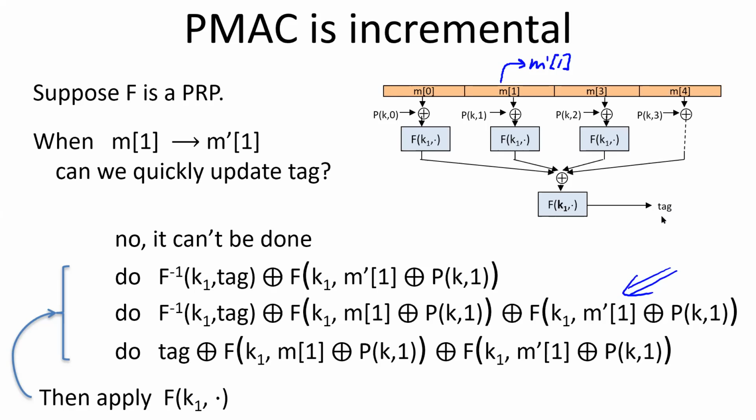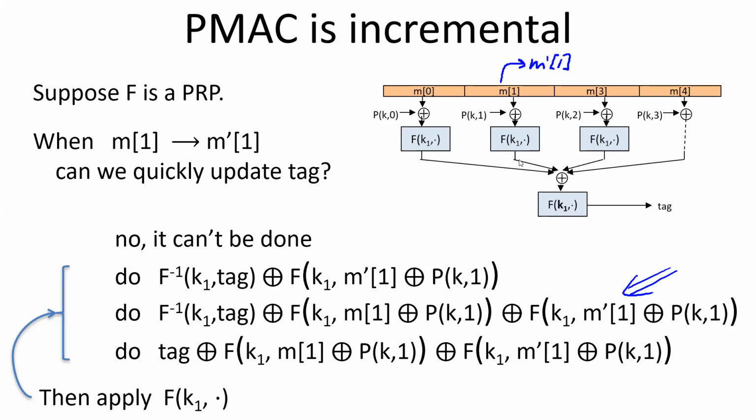Because if you had this wire, then you have the keys K1. So you compute F_k prime inverse to get this wire. Then you see all these wires, 1, 2, 3, 4, let's say, they don't change except for this one.